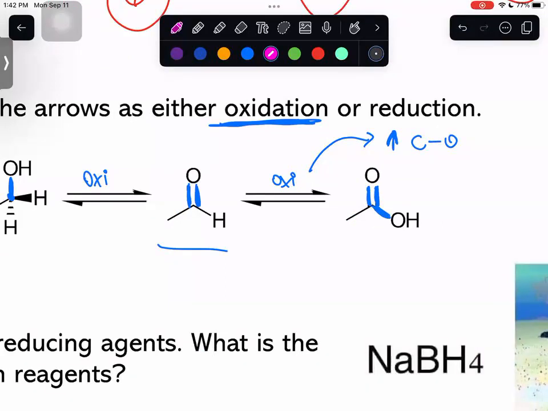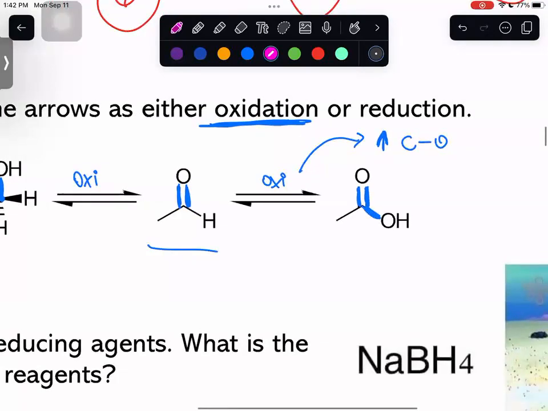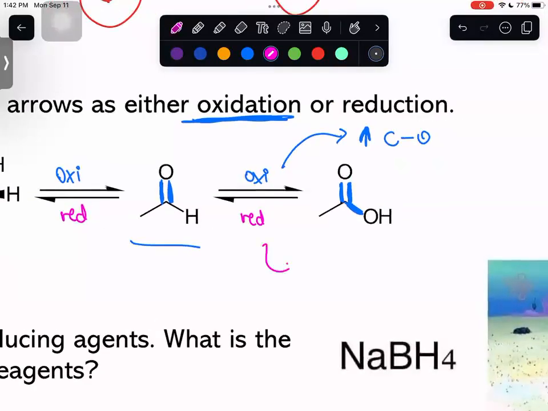So that means that we're going from something that has more to less connections. So it's going to be the reverse reaction in this case. So reduction, and we have reduction. We need to know the mechanism. For oxidation, you don't have to know the mechanism. For reduction, it's going to be helpful to know the mechanism. But he doesn't test it.